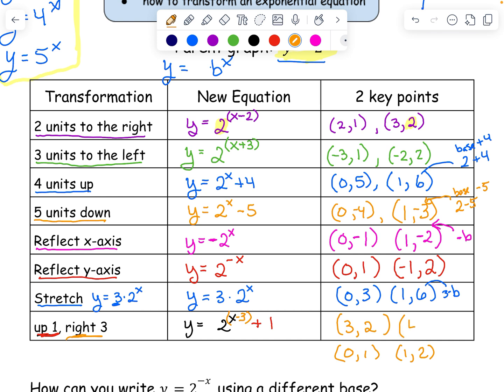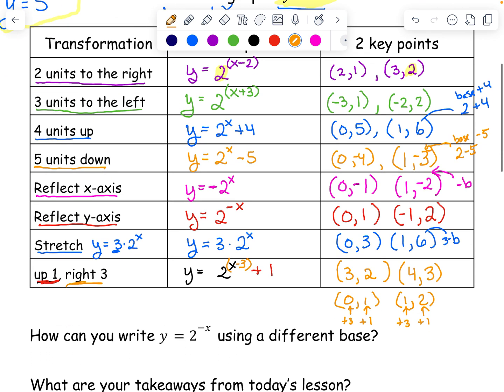So this is going to be at 4. And then up 1. So this is going to be at 3. So you can see how we just took this and added 3. We took this and we added 1 for the up 1. We took this and we added 3. We took this and we added 1. So hopefully you can see how our key points would go.